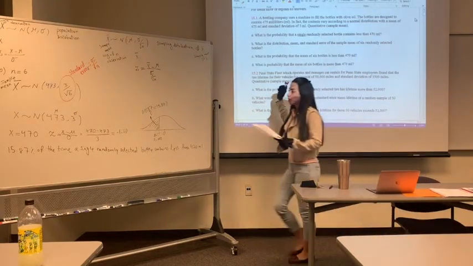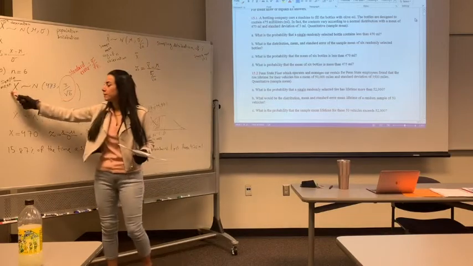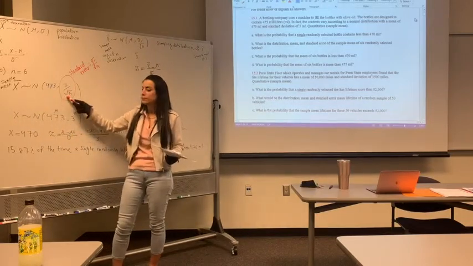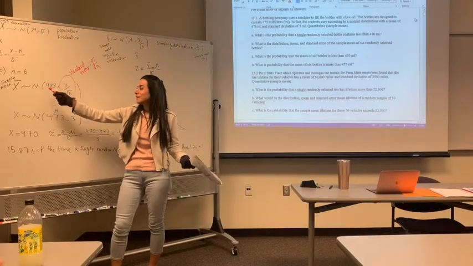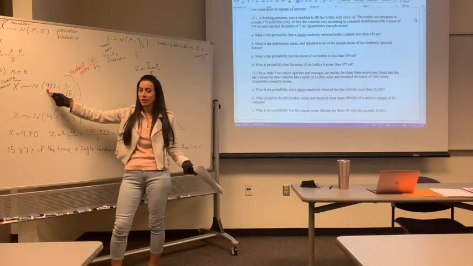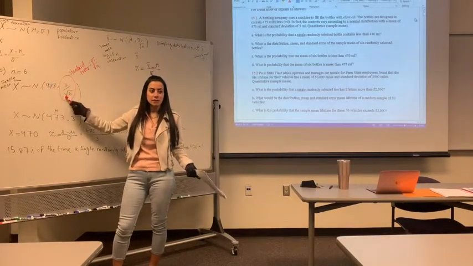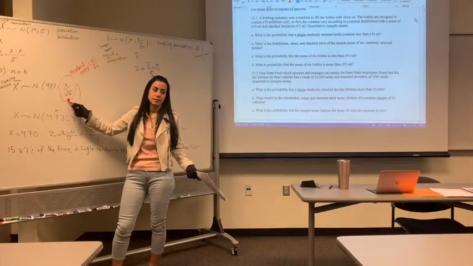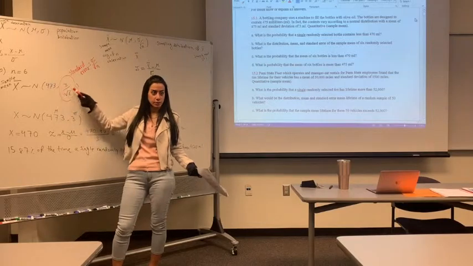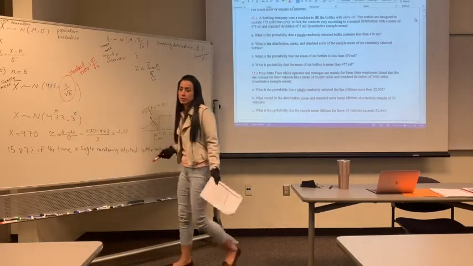So the distribution of the sample mean is normal with this mean and this standard deviation, correct? The mean of the sample mean is 473. The standard error of the sample mean is 3 over square root of 6. So you can calculate this to see what the standard error is exactly.